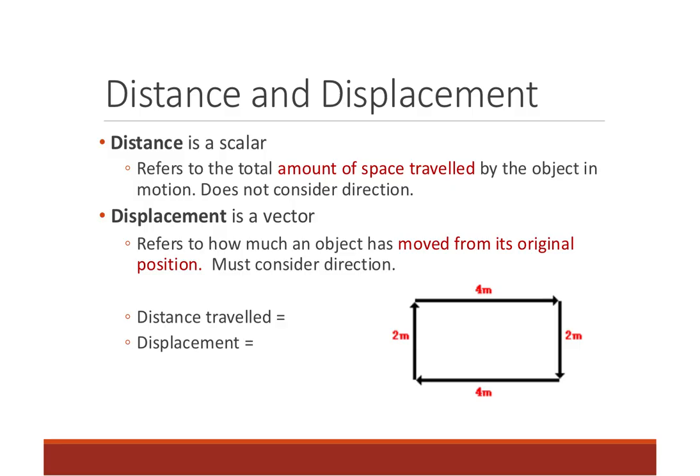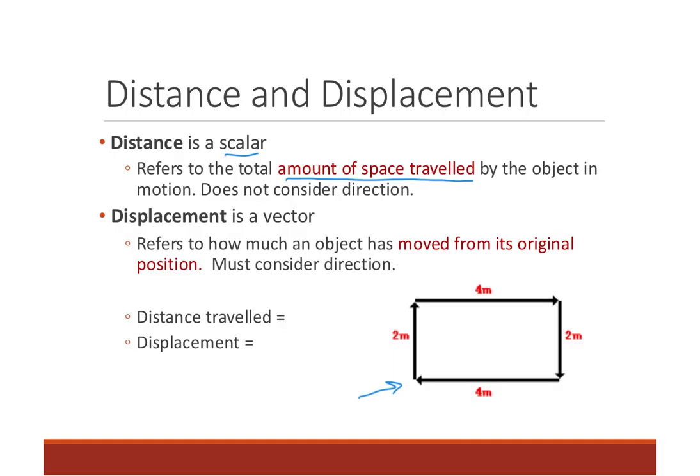Now I want to talk about the two words distance and displacement. Distance is a scalar word, and it refers to the total amount of space traveled through by the object in motion. Direction is not involved when you're talking about distance. So if we look at this little illustration down here, let's imagine you walk out behind school and you're going to walk a rectangle in the soccer field.